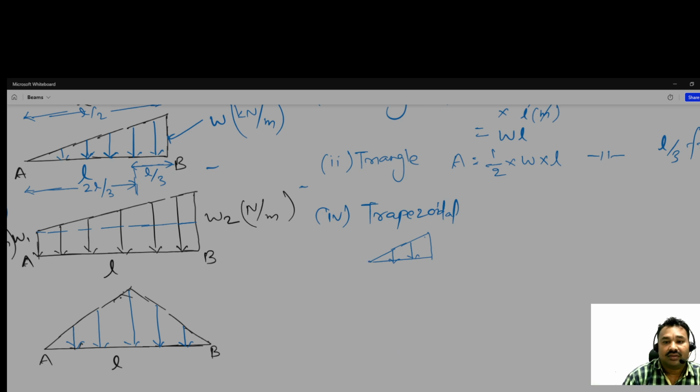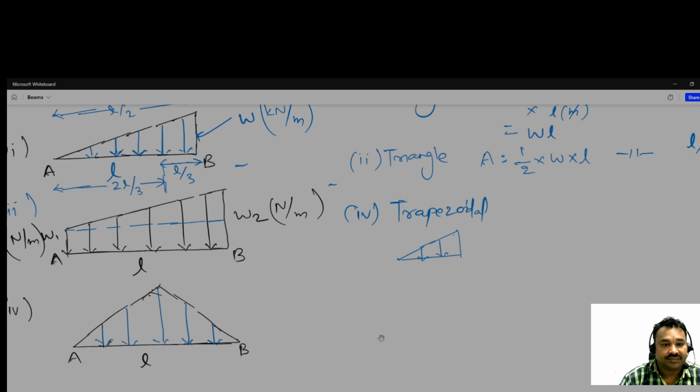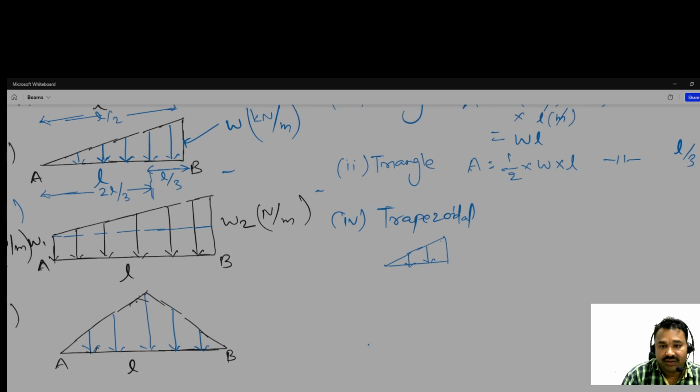And what about the height? So this is W1, it's up to this W1, and this total height is W2. So that's why here this height will be W2 minus W1.